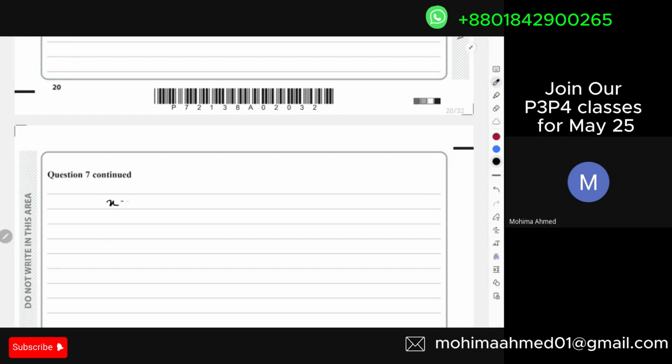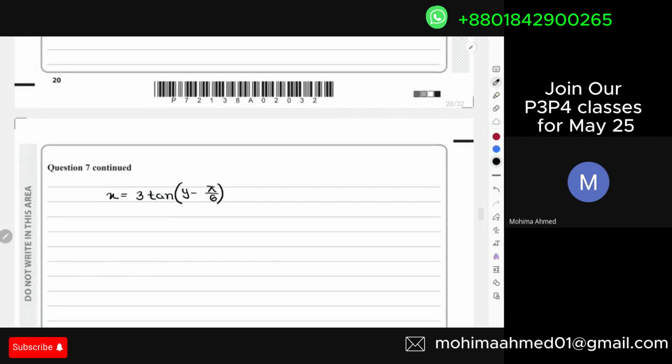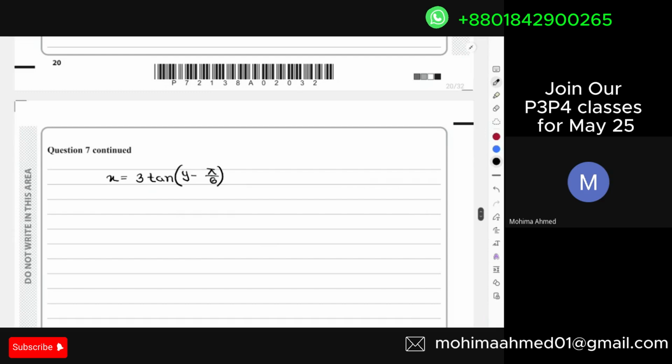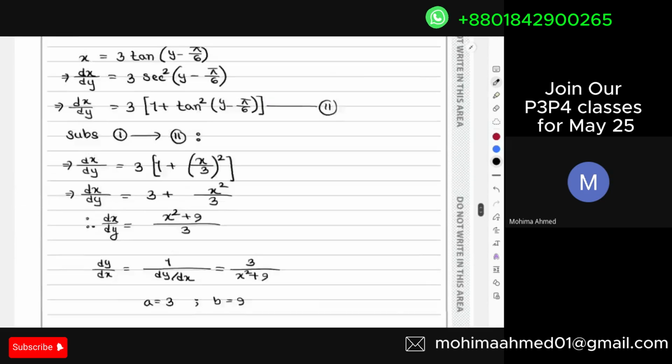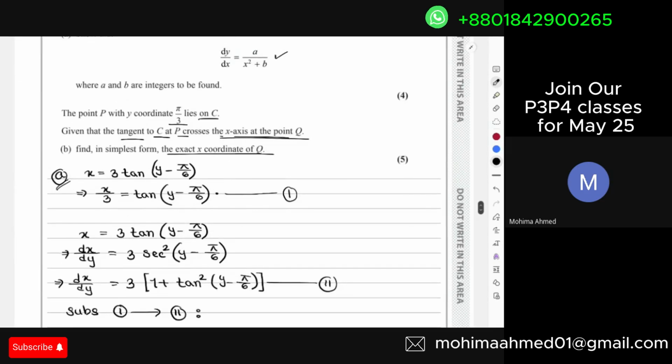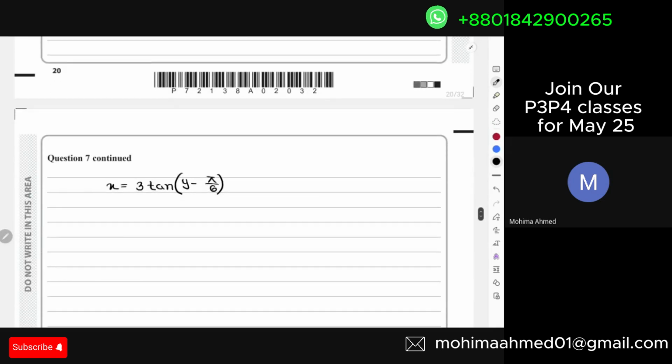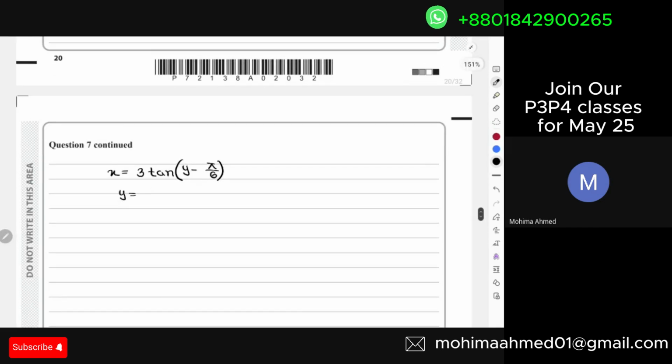So if you have x equals 3 tan (y minus pi by 6), from there I have to extract the value for x. Wait, is the x coordinate 3? No, the y coordinate, sorry, the y coordinate was pi by 3, yeah, sorry. So the value for y is pi by 3, in that case I get the x coordinate as 3 tan (pi by 3 minus pi by 6), right?